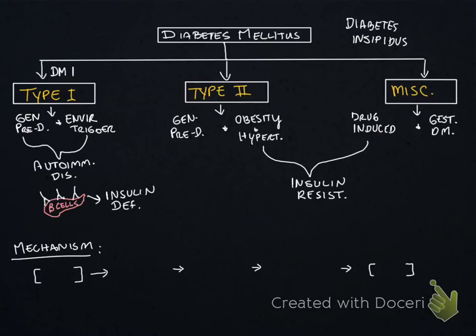Your cells have an inability to respond to insulin. Okay? And this can progressively get worse. So in some sense, it is a relative insulin deficiency. But in both senses, you need insulin. Okay?